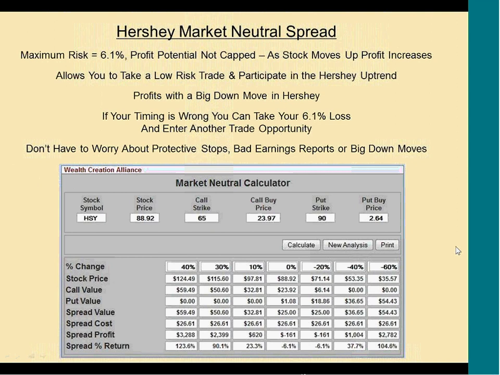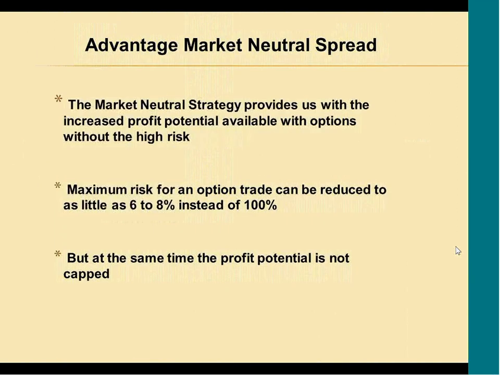It allows us to take a low risk position in stocks that have already had a large move, and we saw in the case of Home Depot, the healthcare sector and Hershey's, they already had a large move. But with this market neutral spread, we can take a position in these various stocks and sectors that have already had a large move and still have a very limited risk entering this trade after a large move.